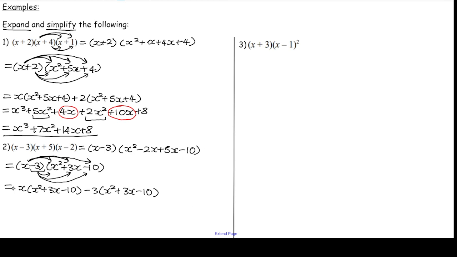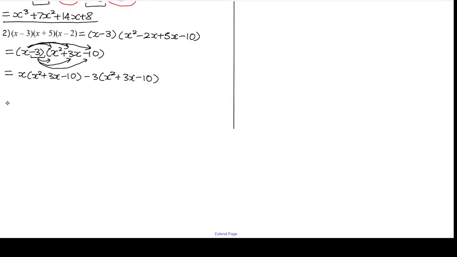And if we expand the brackets, what do we have? We have x cubed plus 3x squared minus 10x from the first bracket expanded. From the second part, we need to take into account the signs, so we would have minus 3x squared minus 9x plus 30. Do we have like terms?